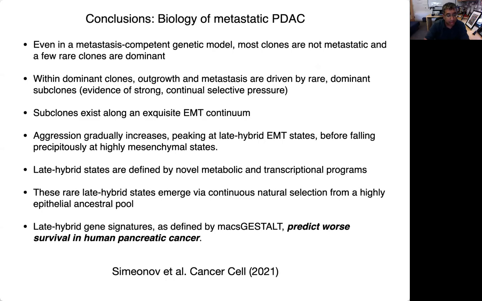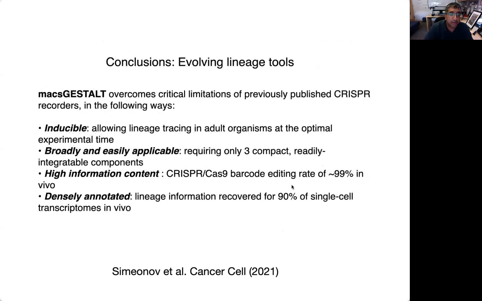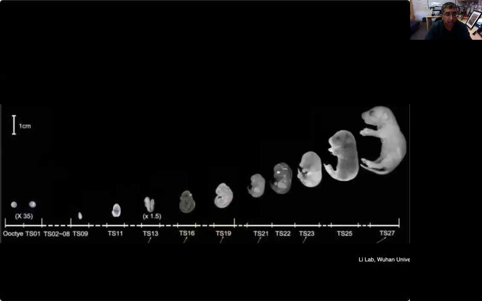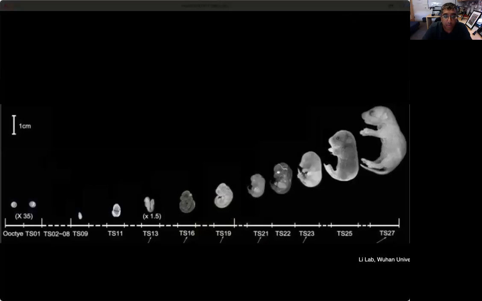Okay, so now I'm going to turn to the second part of the talk, and going back here, again, just quick acknowledgments. As I mentioned, this second part relates to development, in particular development in the mouse.